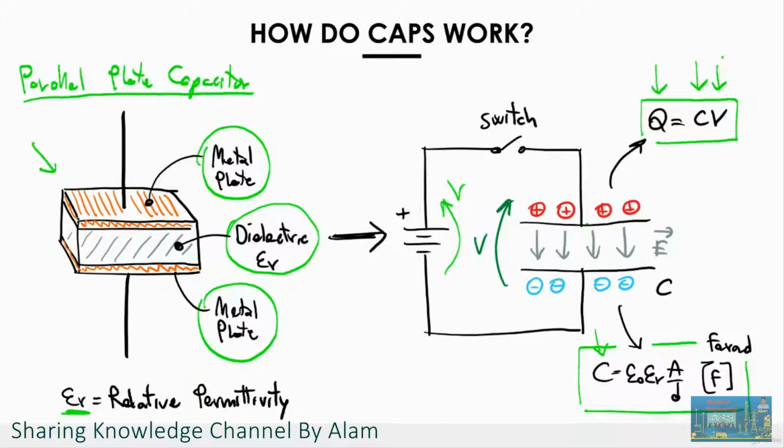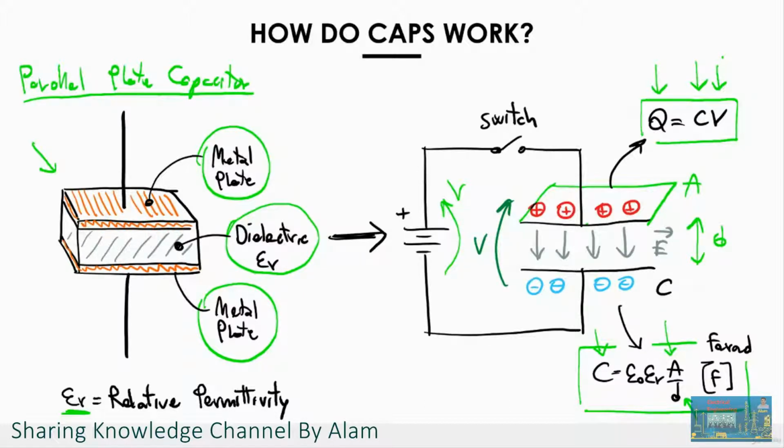So these are just constants. Epsilon r depends on the material that you use to make the dielectric, and then it's multiplied by A, which is the area of the metallic plate, divided by D, the distance between the metallic plates. So in this case, D will be the distance between these two plates, and A will be the area.